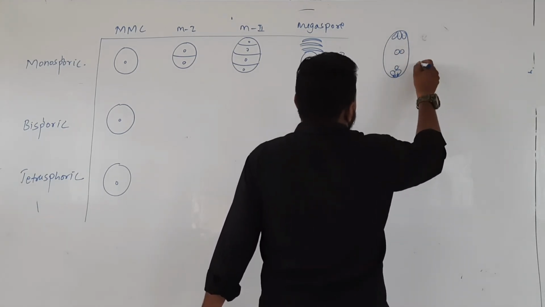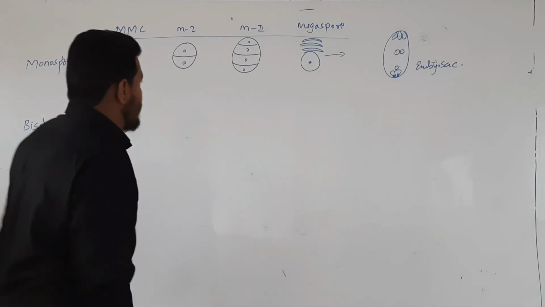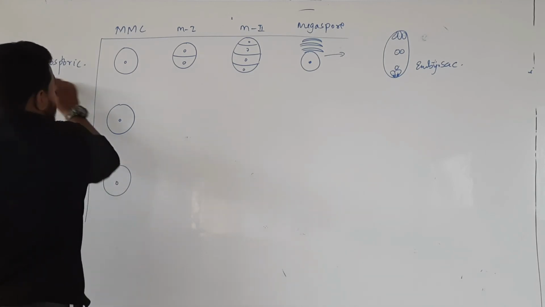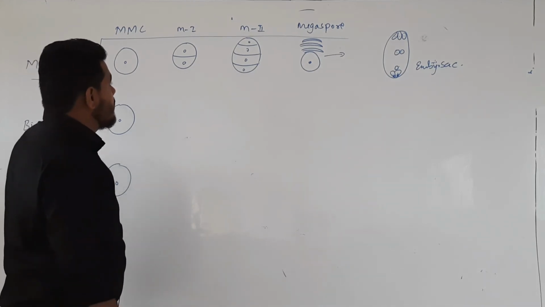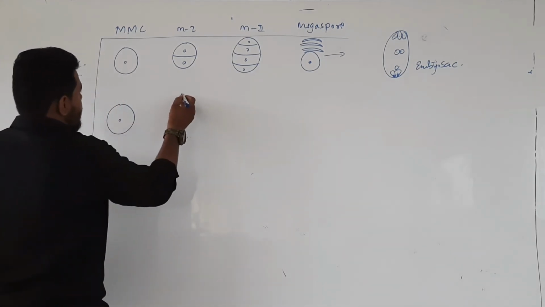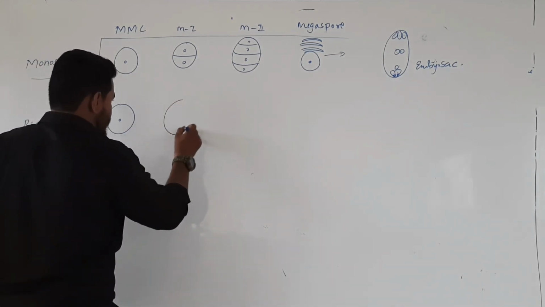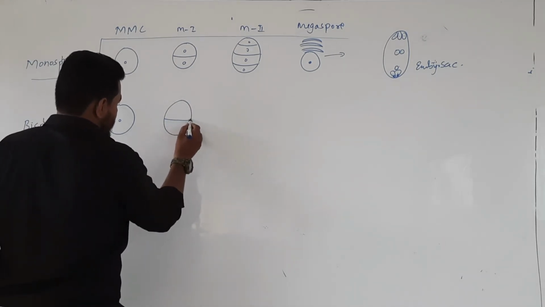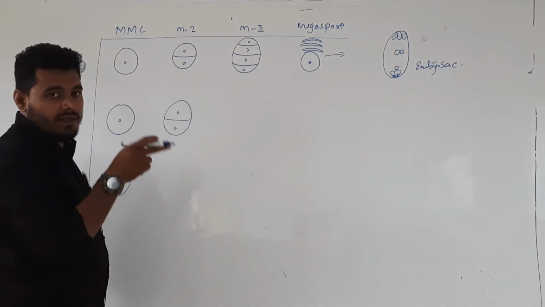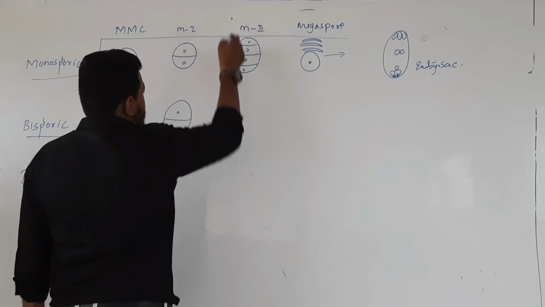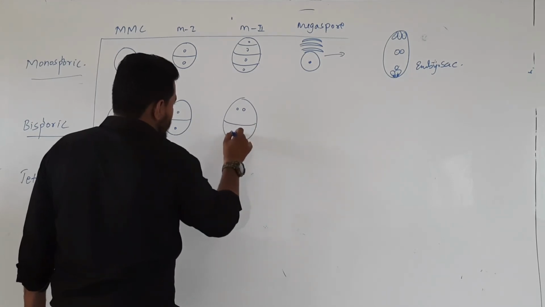Okay, in monosporic, 1 functional megaspore gives rise to the embryo sac. So in bisporic, what happens? In the first meiosis, there is a division of a cell, both by karyokinesis as well as cytokinesis. But in the second meiosis, there is just a free nuclear division.